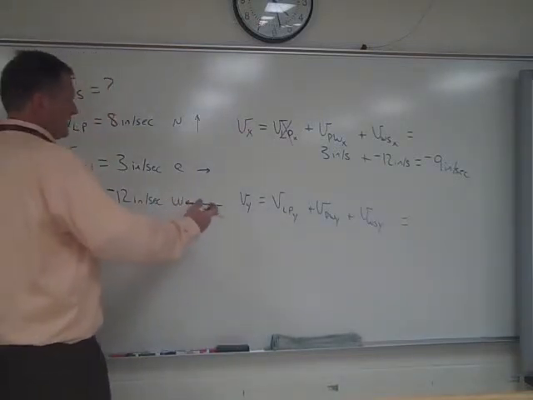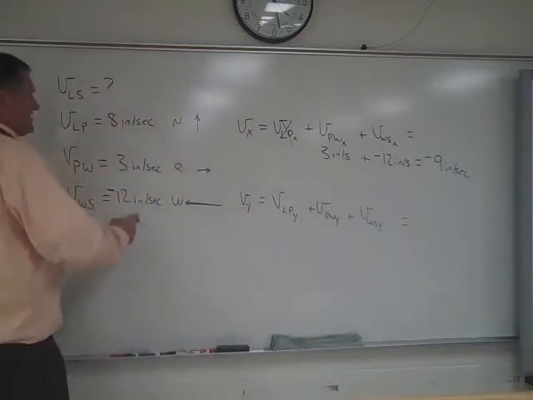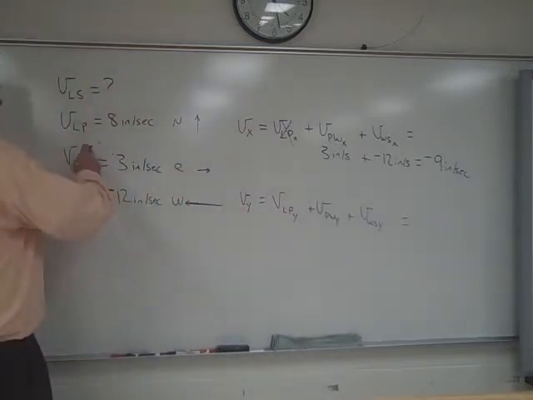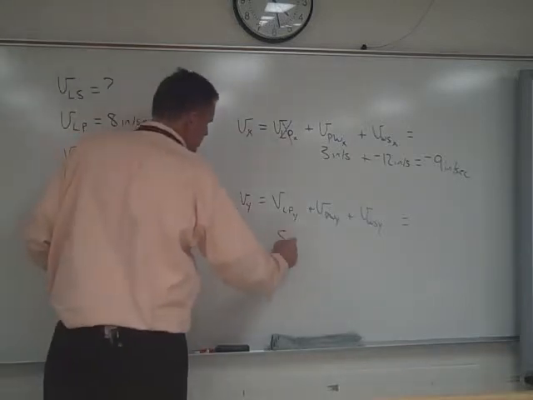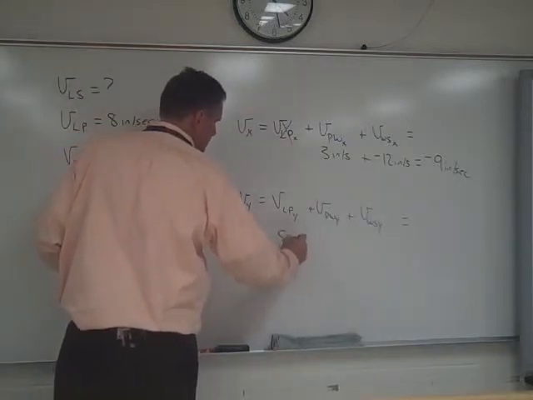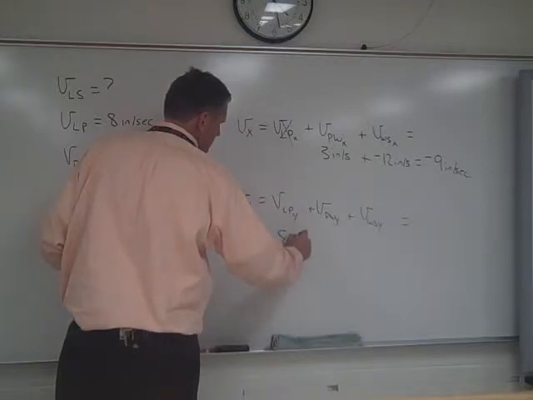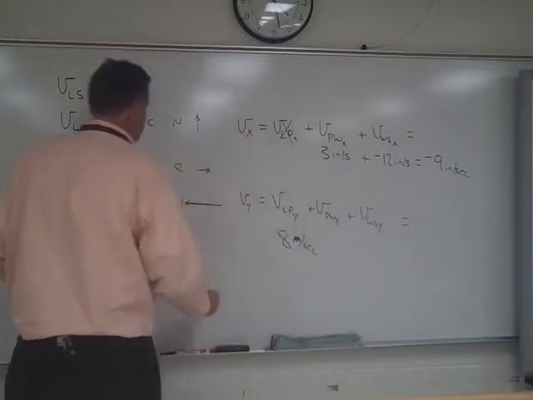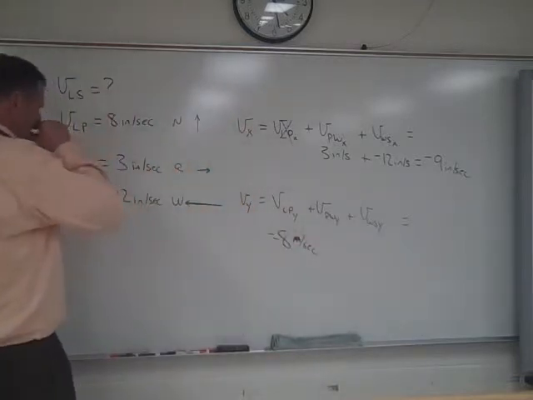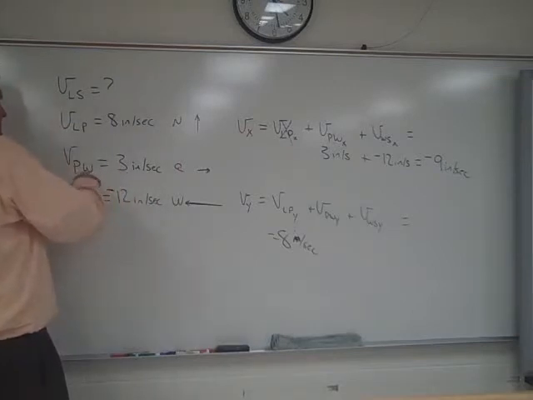The y direction is a little bit easier. What is the velocity of the ladybug compared to the paper in the y direction? It's 8 inches per second. What is the velocity of the paper compared to the wagon in the y direction? There is none. It's just in the east.